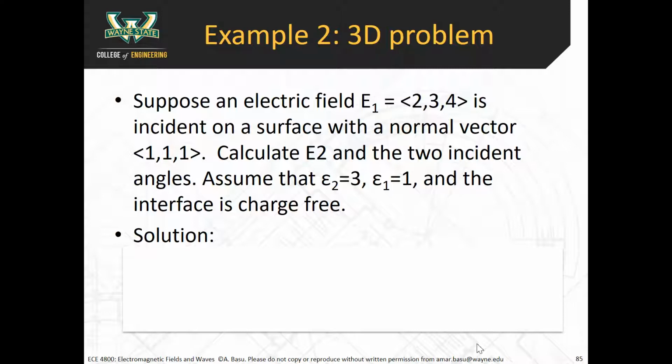I'm not doing a great job. Let me draw this in 2D, because I think it'll be easier to see. So the surface normal vector here is 1, 1, 1. So let's assume that you have E1 going in here, and you have E2, something like this.